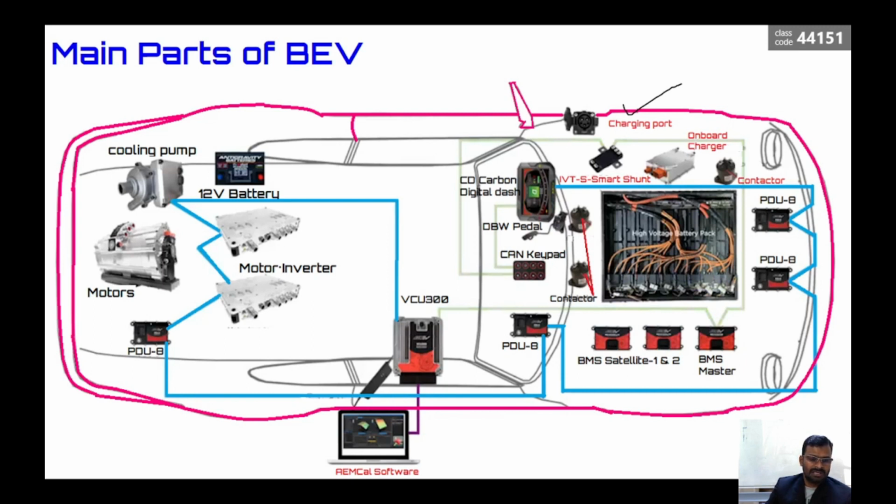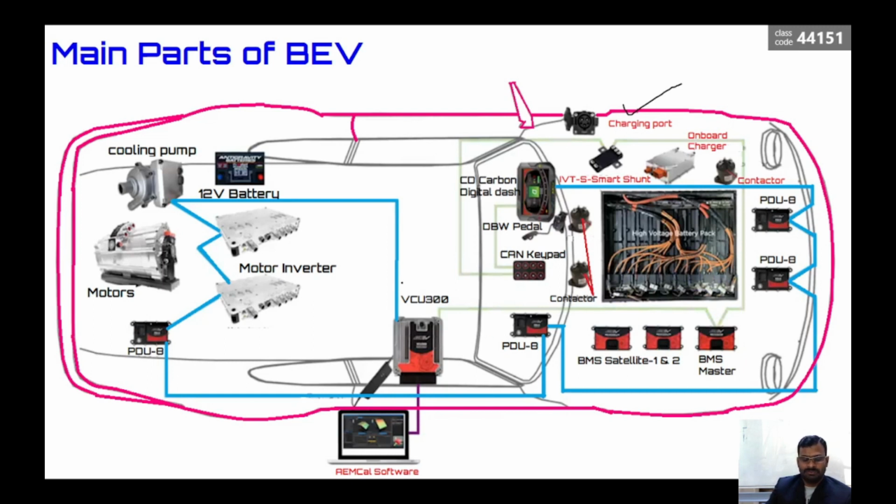The inverter takes the high voltage DC and converts it into high voltage AC, which is a variable frequency AC. Based upon the requirement of the motor, the voltage levels are maintained, and the triggering signals come from the PDU-8, which is nothing but a power distribution unit.